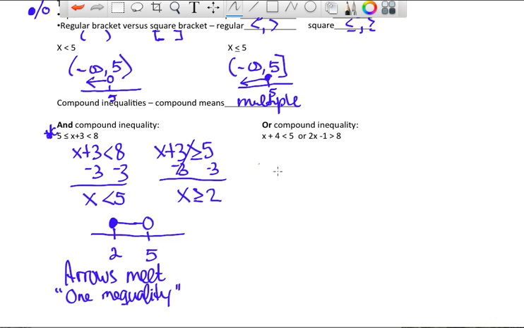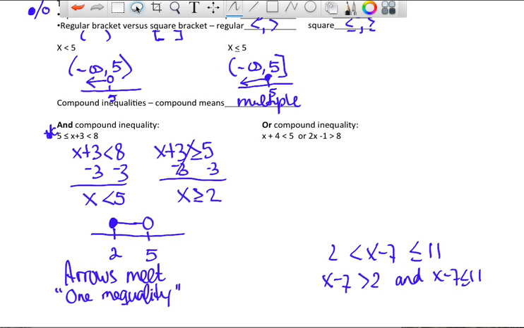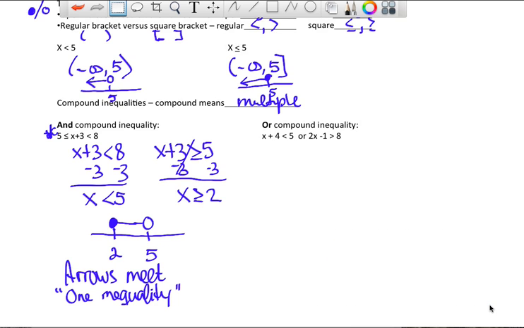So if I give you an inequality like this, and you want to know if it's an AND or an OR, do you see the word OR? No? Well, then it has to be an AND. Okay. You can give an AND inequality this way. I could say x minus 7 is greater than 2 and x minus 7 is less than or equal to 11. So you can give an AND inequality with two separate statements.